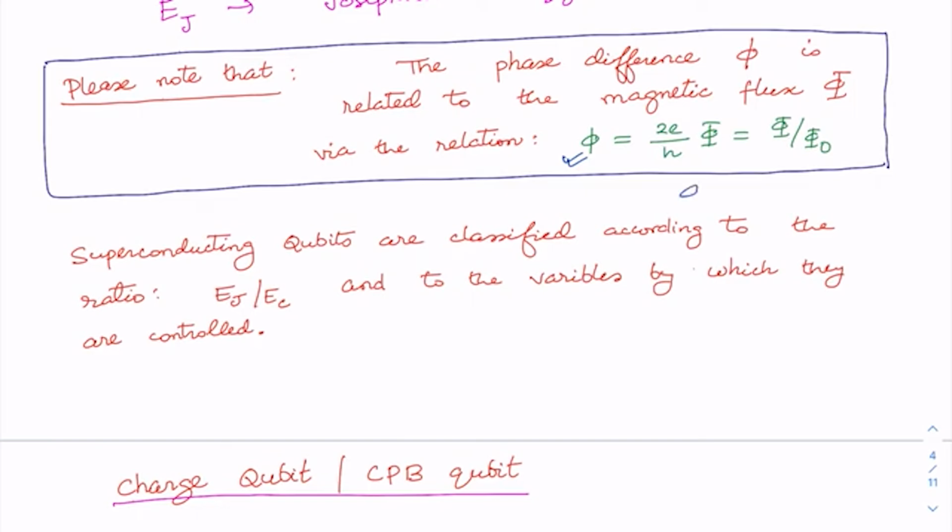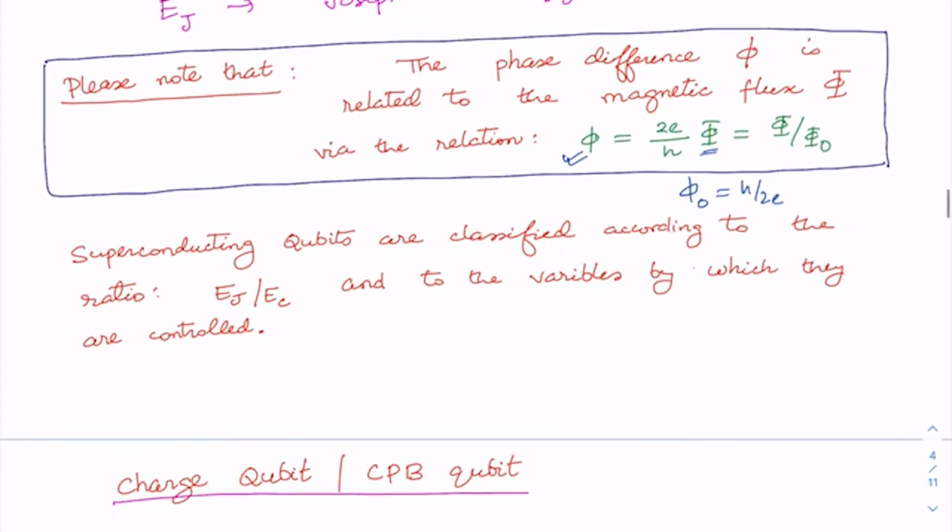You know the flux quantum phi 0 is equal to h by 2e, and phi is the magnetic flux. Maybe we'll do this in a problem solving session, and I will show it explicitly.